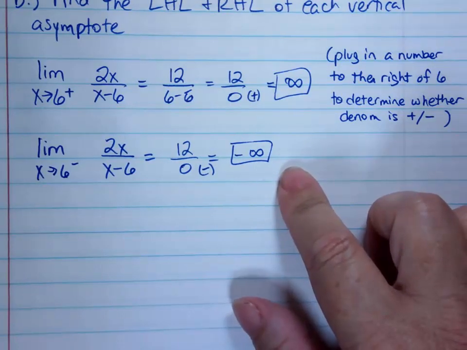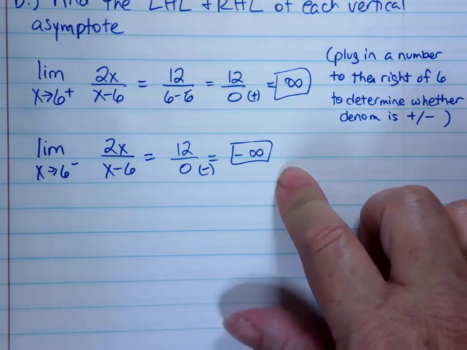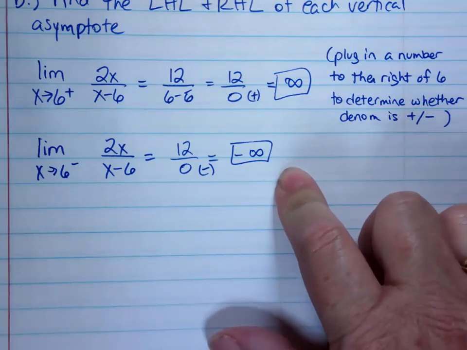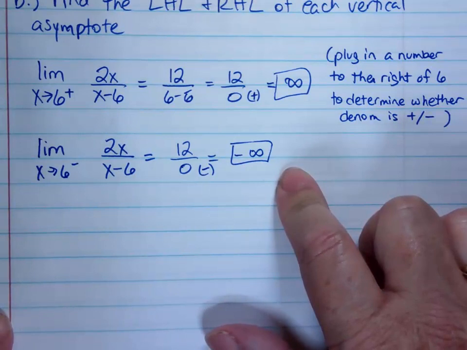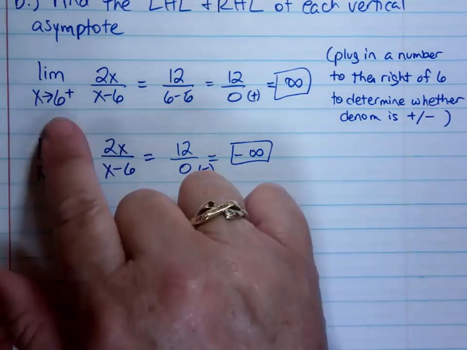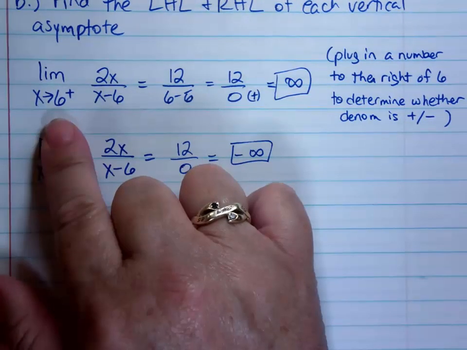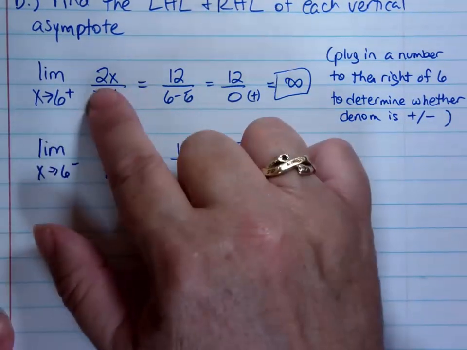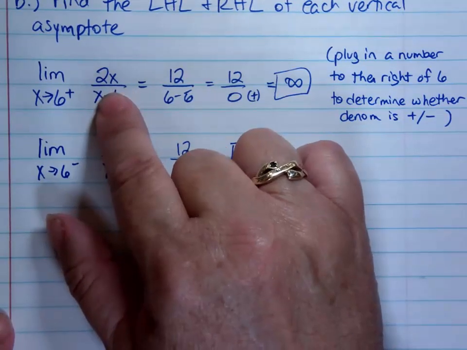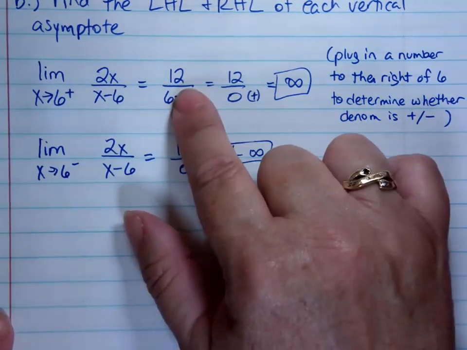Yes, sir. So you knew the top one was positive infinity because you go to the right of 6 and then it's like 6.1. Right. And then when you plug that into the denominator, that results in a positive number. That's how you found it. Okay. I plugged in a number to the right of 6, 6.1. When I plug in 6.1, I didn't plug it into the top, but if I did, the top would still be positive, wouldn't it?